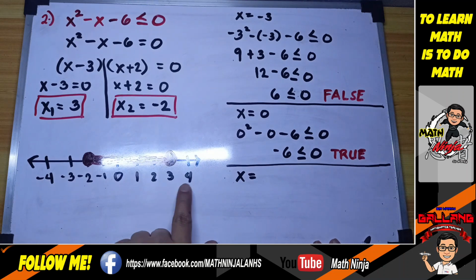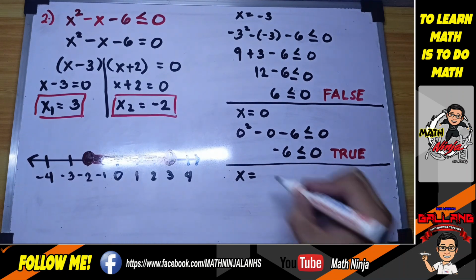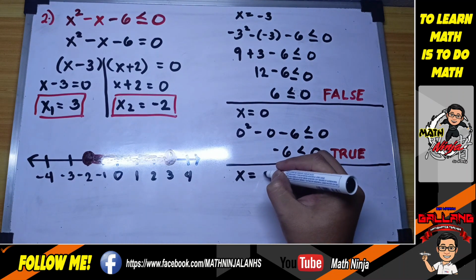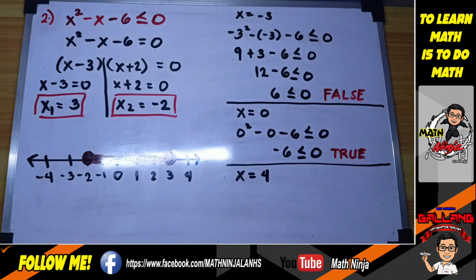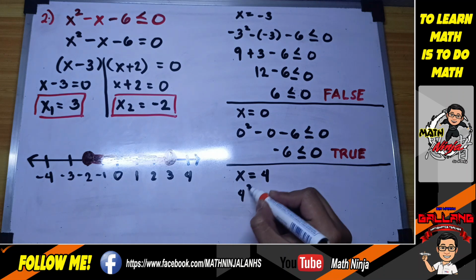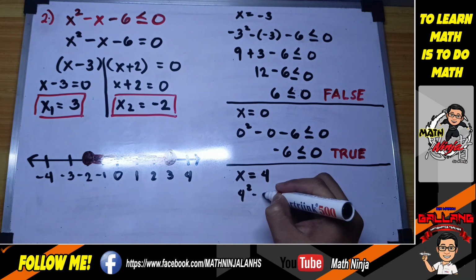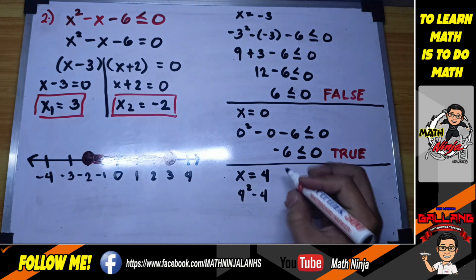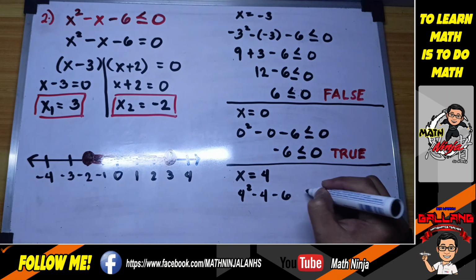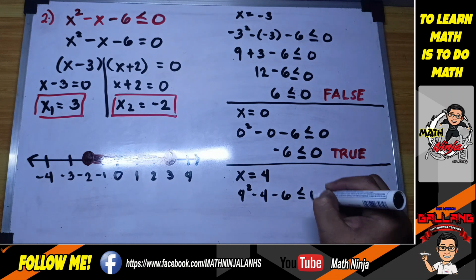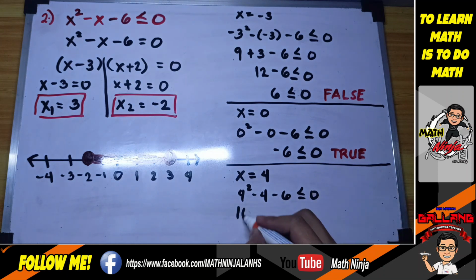So, wala nang iba doon, kundi ang pinakamababa ay 4. So, let's have x is equals to 4. So, gamitin ulit natin yung quadratic inequality. So, we have 4 squared minus 4 minus 6 is less than or equal to 0. 4 squared is 16.